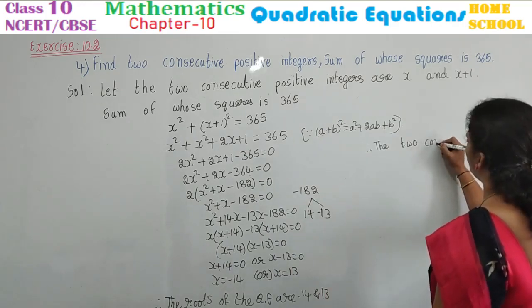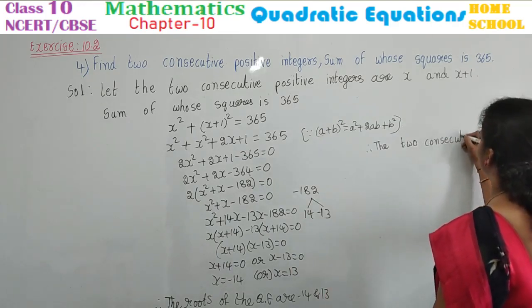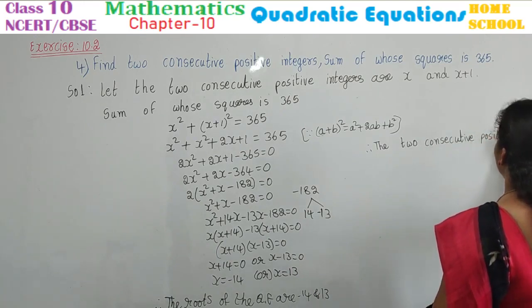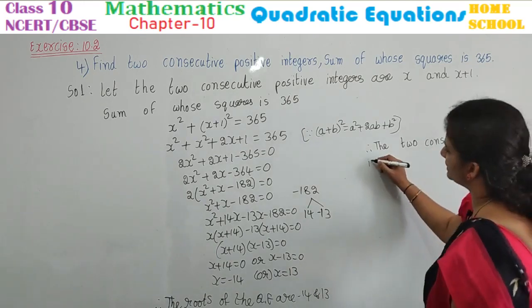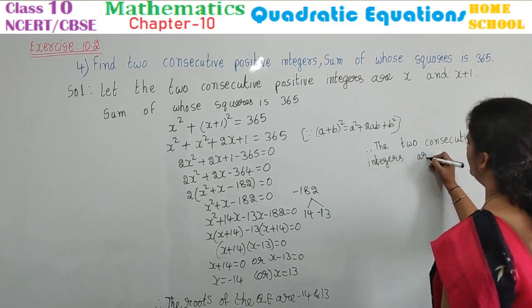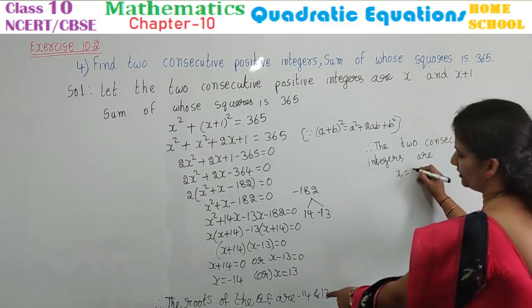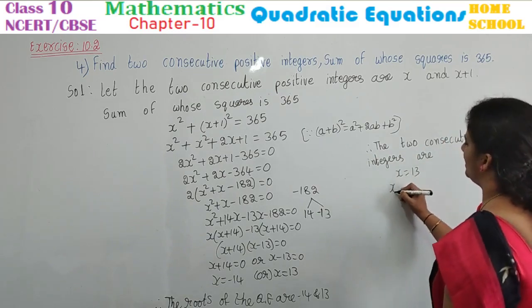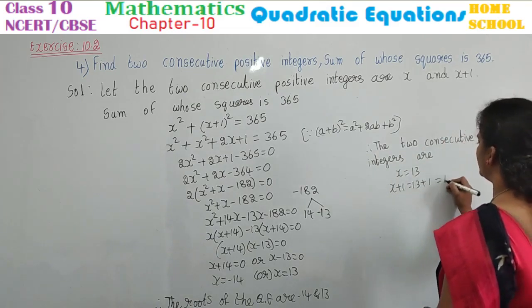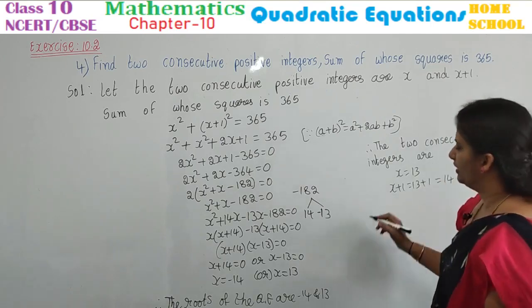Therefore, the two consecutive positive integers are, x is equal to how much, children? 13. And x plus 1 is equal to 13 plus 1, that is equal to 14.